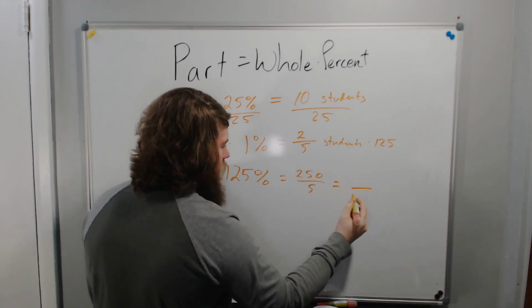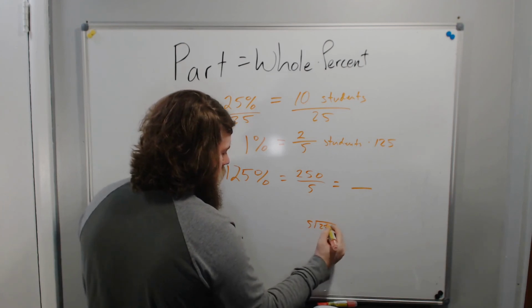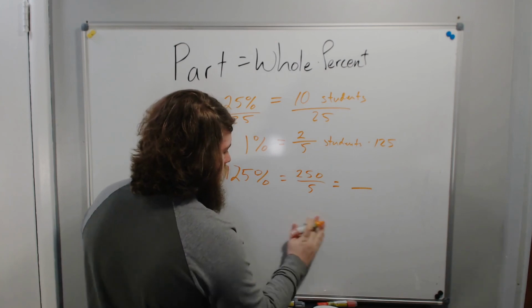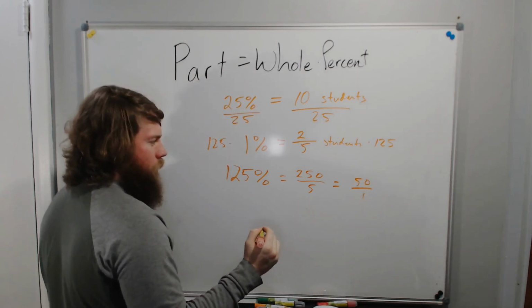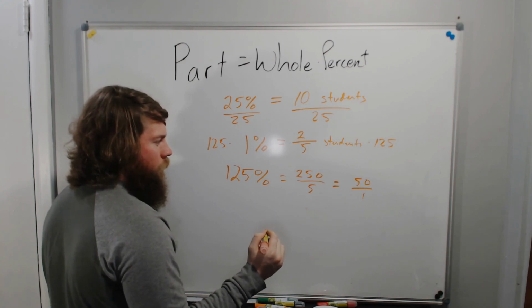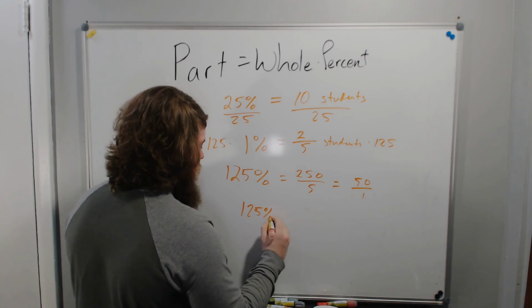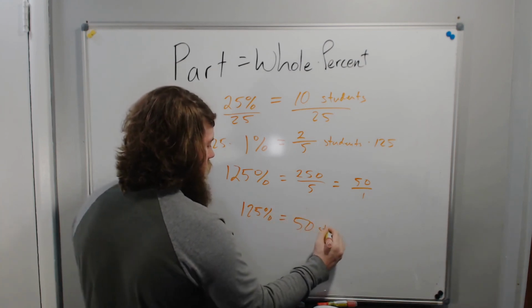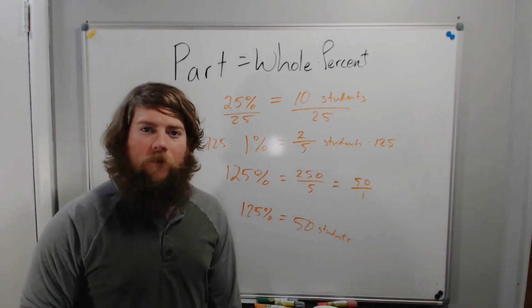So we are going to get 50 over 1. So 125% is 50 students. So the diagram represents 50 students.